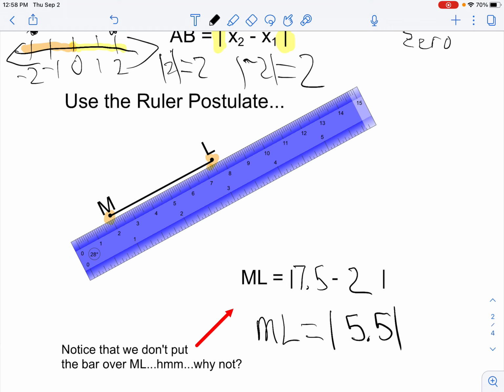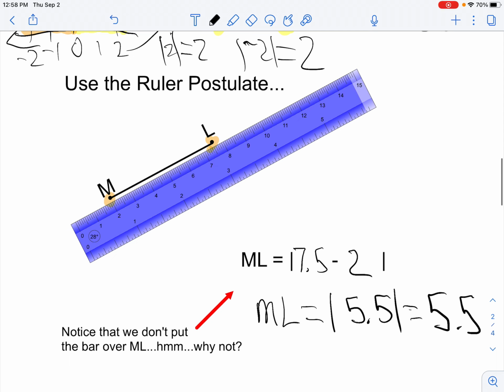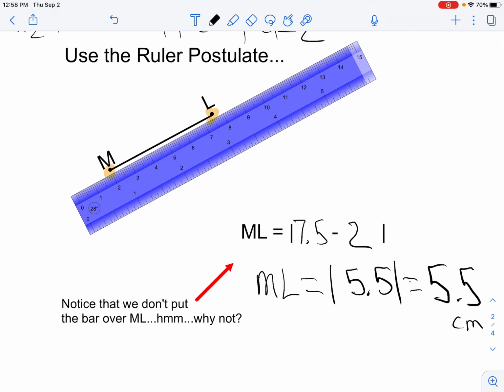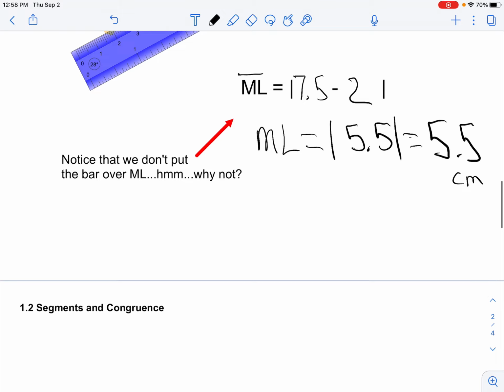That's going to be 5.5. And how far away is 5.5 from 0? 5.5 is 5.5. And our units look like centimeters. Why don't we put the bar over the ML? Because if we did that, it would be the symbol for line segment, which it is, but we wanted absolute value.